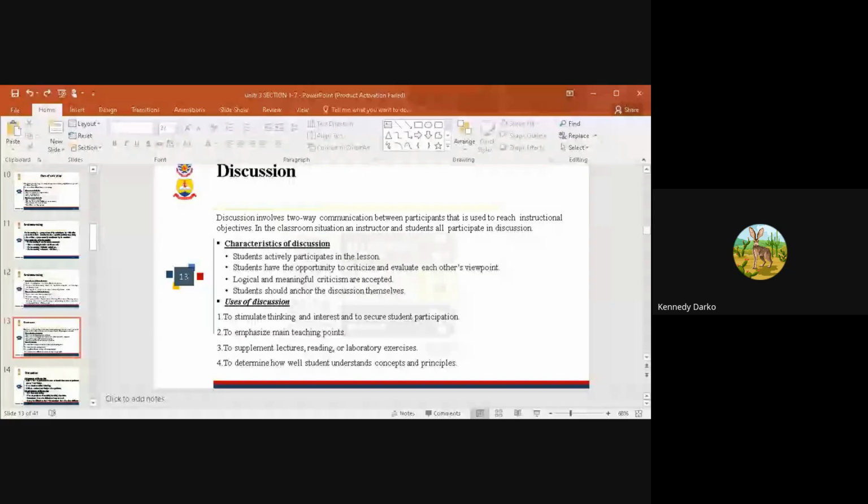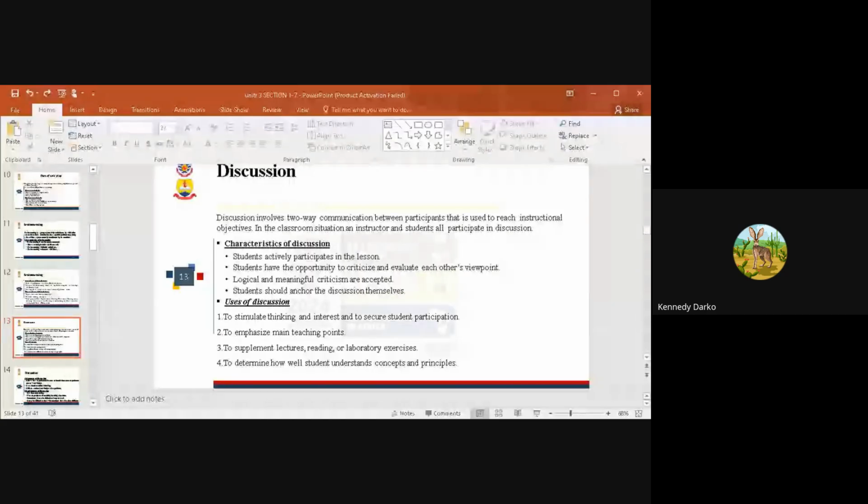Uses of discussion: to stimulate thinking and interest and to secure student participation. Again, it emphasizes main teaching points. Also to supplement lectures, reading, or laboratory exercises.